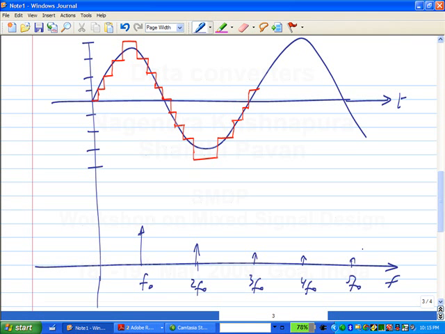Let's say my Fs is somewhere here. So Fs by 2 will be here. So what will happen?